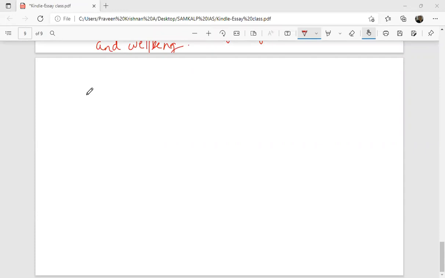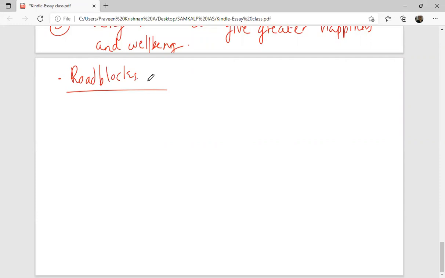So the next part of the essay was the roadblocks that we face in fulfilling this journey, in traveling from being a simple human, or having simply an animal existence, to becoming more humane. There are different roadblocks. Again, you have to diversify this into different perspectives. What are the roadblocks you actually face?